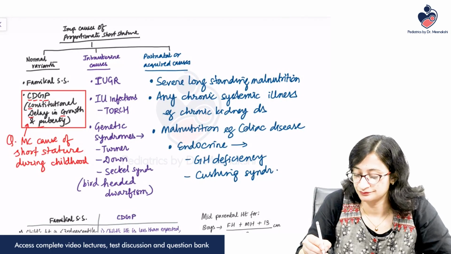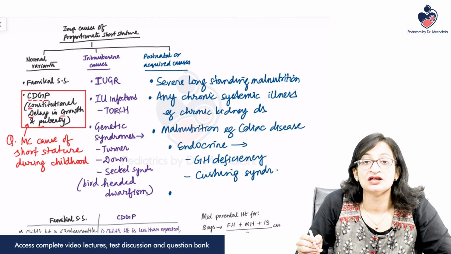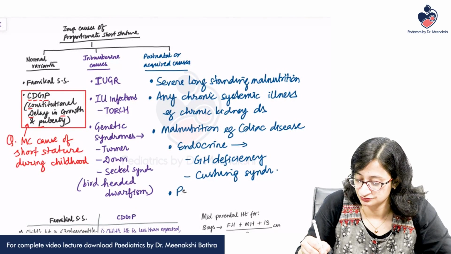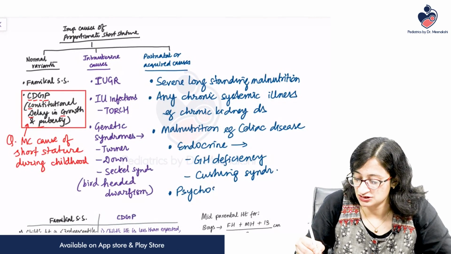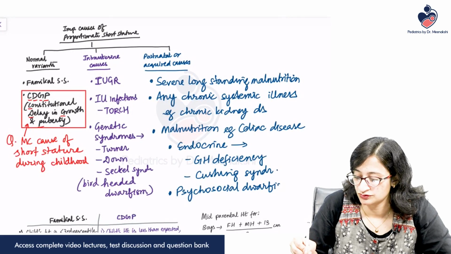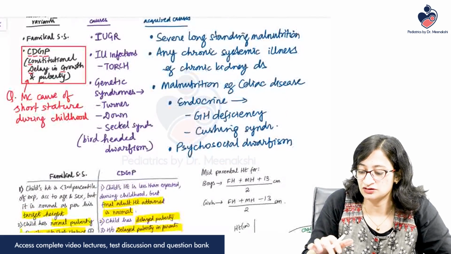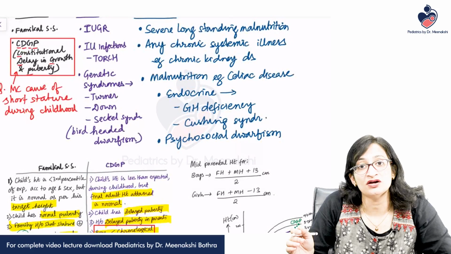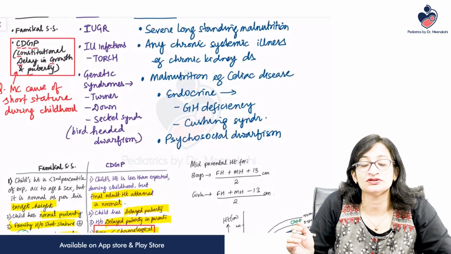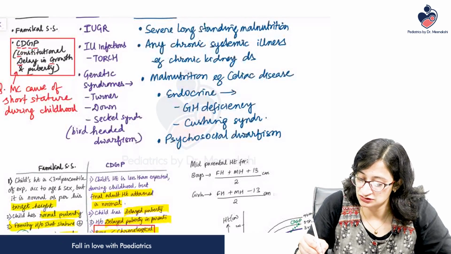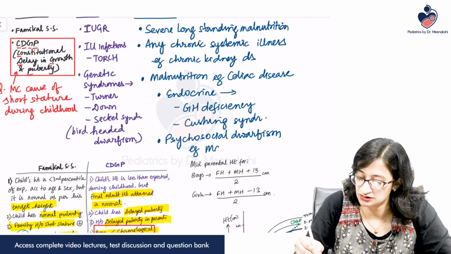There is also something known as psychosocial dwarfism, which is basically due to maternal deprivation. If the child does not get the tender, loving care of the mother, then it can also give rise to short stature in the child. So, psychosocial causes like maternal deprivation.